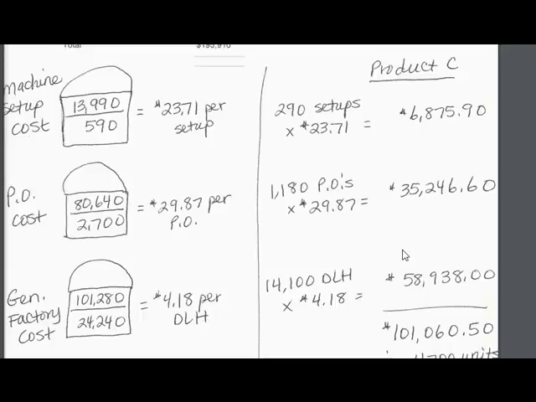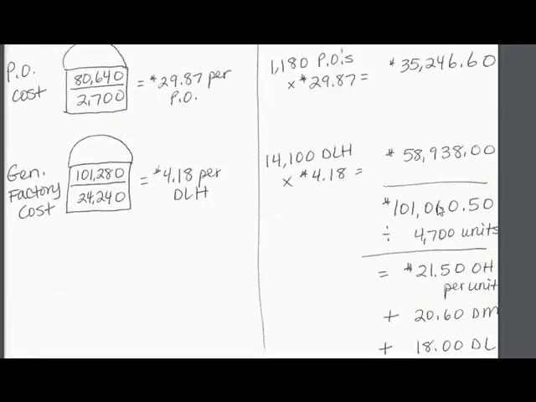So these are the 3 overhead amounts that we're allocating to product C. Finally, we'll total them up, and here's the total overhead allocated to product C.